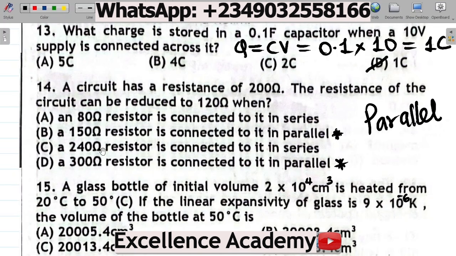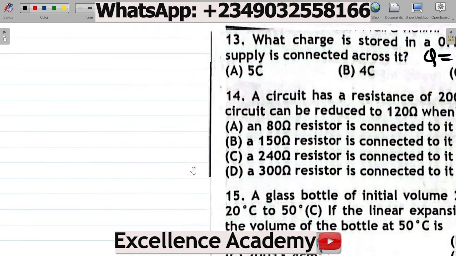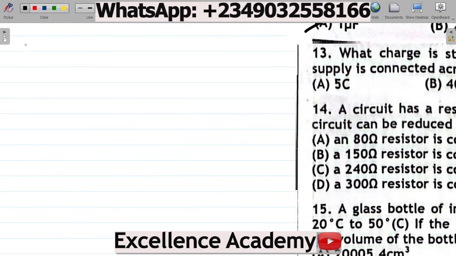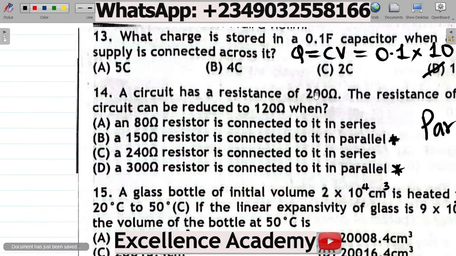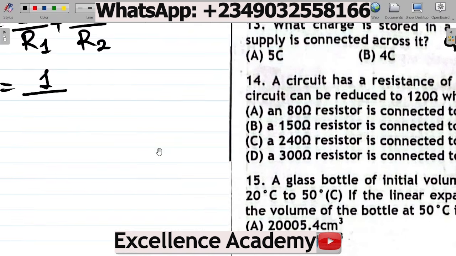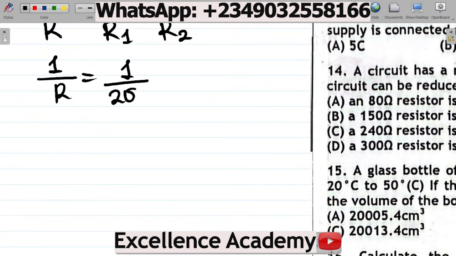Let's try the D. Let's try using the 300 ohm resistor. So we'll have that the equivalent resistance for resistors in parallel, you have 1 all over R is equal to 1 over R1 plus 1 over R2. So this is in parallel. So I have 1 all over R is equal to 1 all over R1, as given, is 200 ohms, plus 1 all over R2, which is the resistor we are adding.